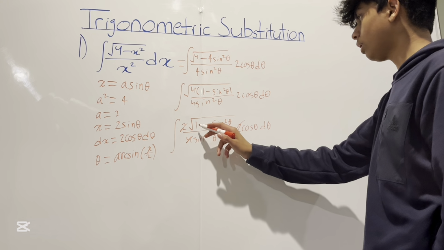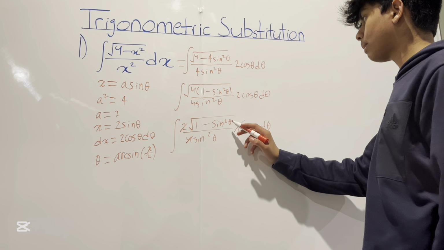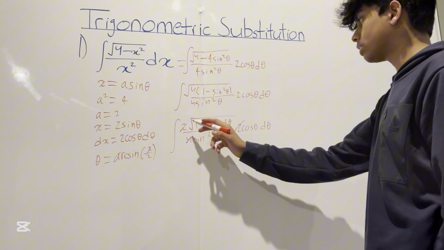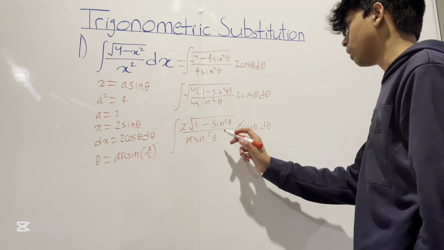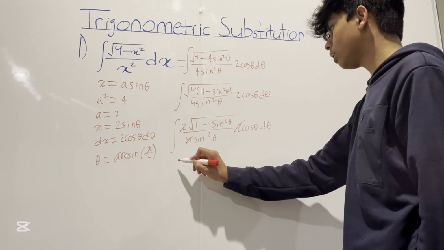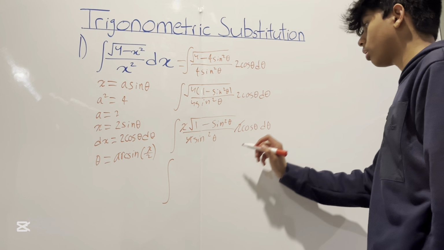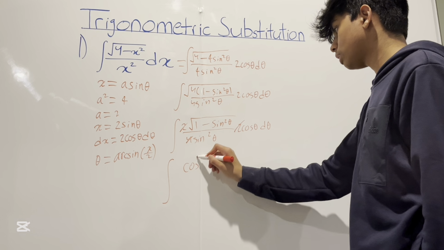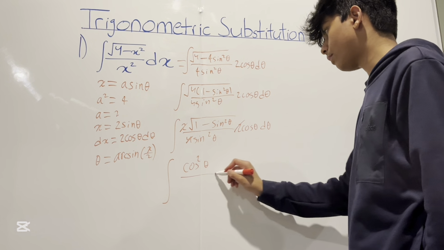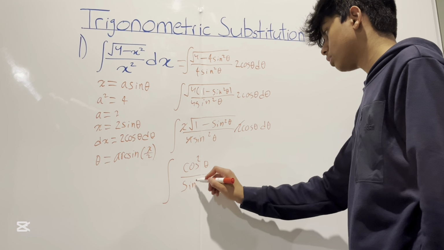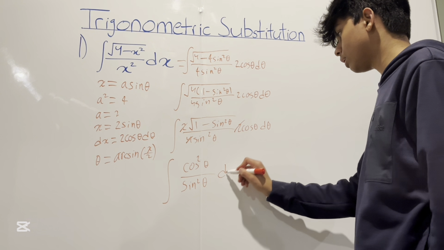And if you notice here, 1 minus sine squared is the same as cosine squared, and the square root of cosine squared is just cosine. So we can simplify this whole thing down to cosine multiplied by cosine, which is cosine squared theta divided by sine squared theta d theta.